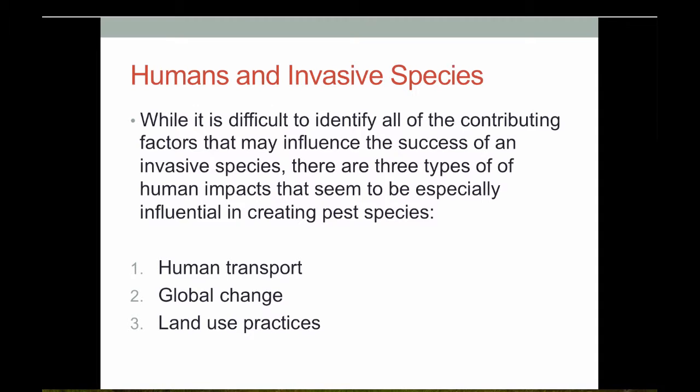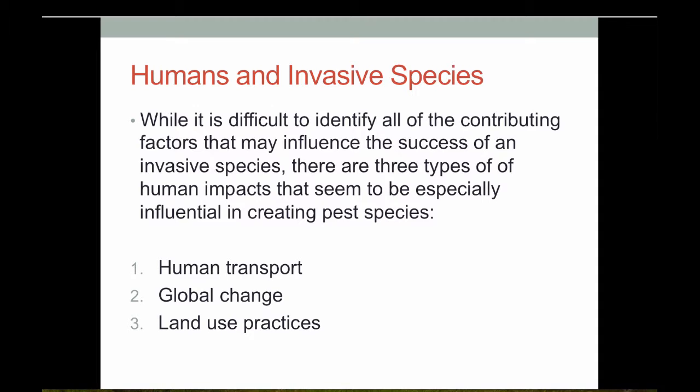And the rate of introductions has increased dramatically over the last 100 years as we've increased air travel and the movement of human populations across the globe. And so this mixing of species is only going to continue to accelerate, especially with expanding global trade.